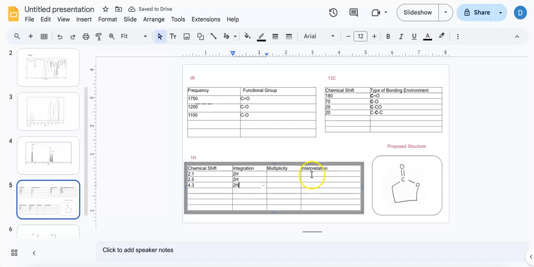And I did already have the proposed structure in here, which I will explain as well. CH2, CH2. Okay, and like I said, I'm going to go back and bold these. So we have these middle ones here.